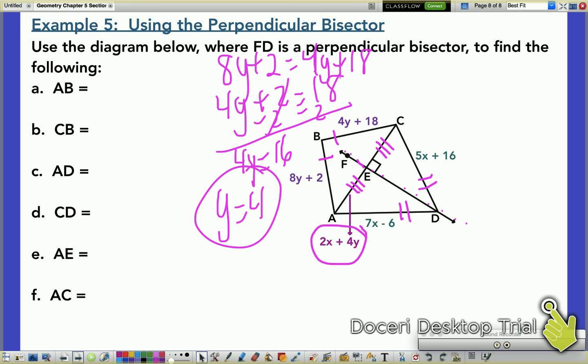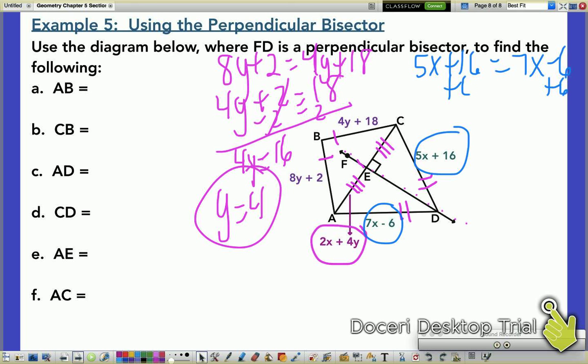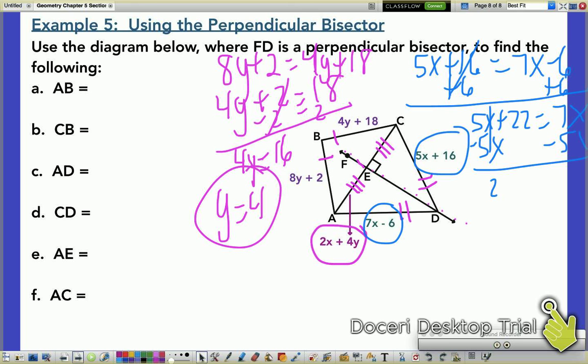All right, let's find x. 5x plus 16 equals 7x minus 6. So I'm going to add 6. 5x plus 22 equals 7x. Minus 5x. 22 equals 2x, so x equals 11.